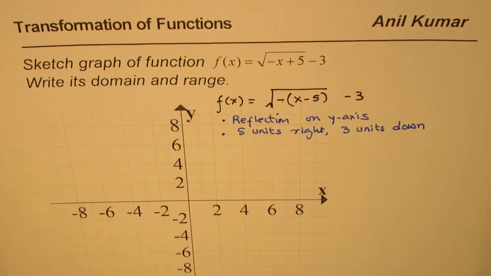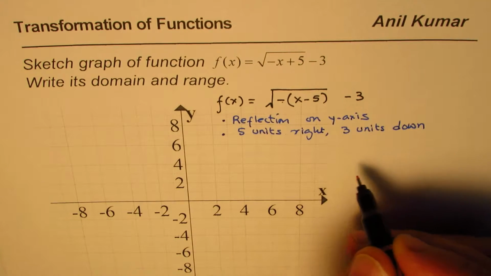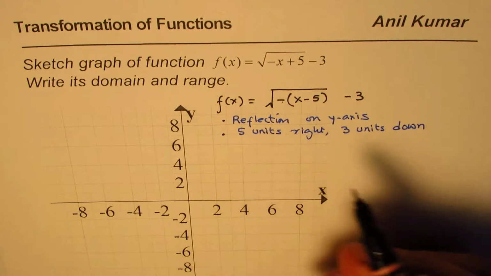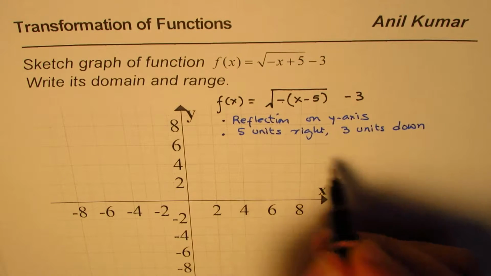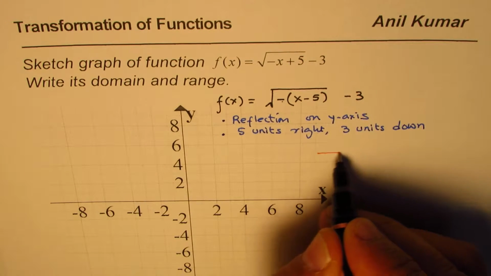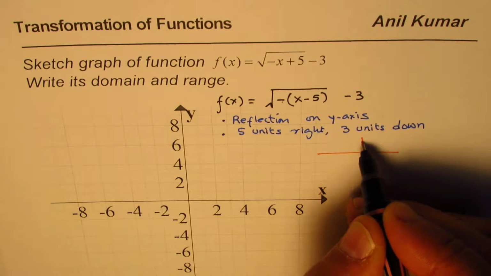Right, so that is the transformation. Now, to sketch this, you should take some points and sketch the square root function. That is one way. The other way is we could actually start with the key points and find the transformed points to sketch, right?